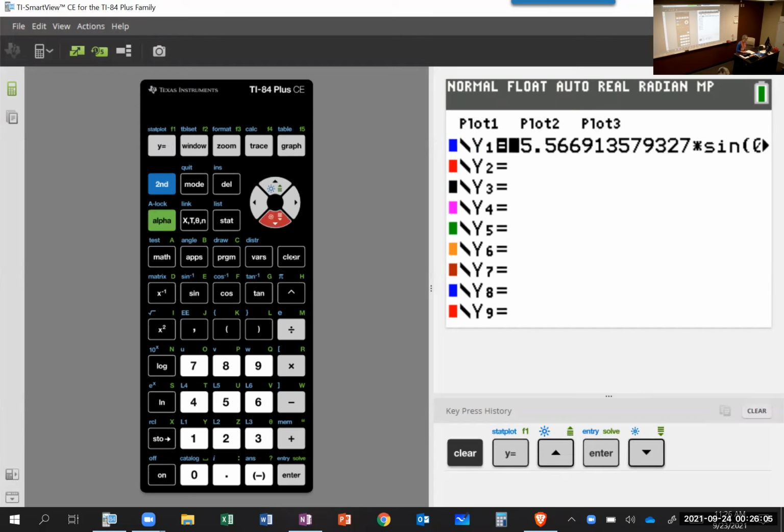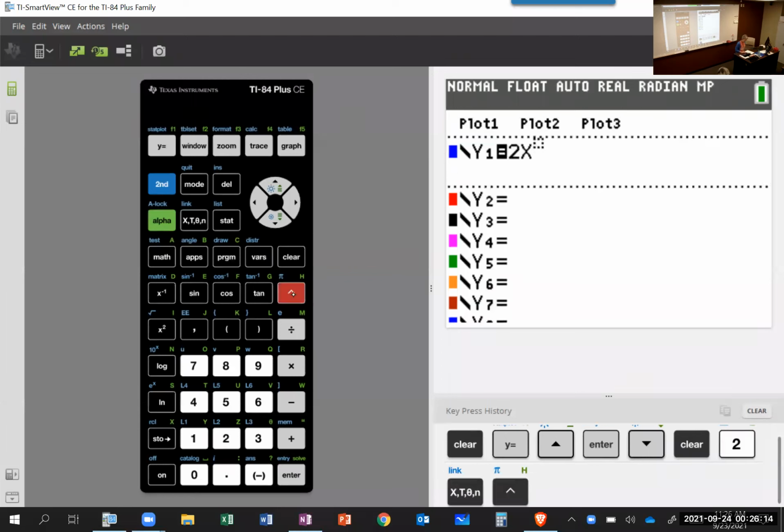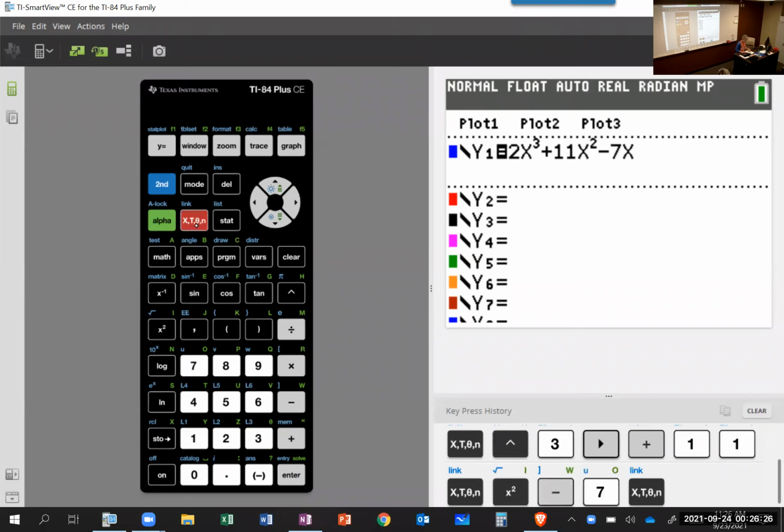I'm going to get rid of the function that was on the y1 to begin with, and add the function we were just looking at, which was 2x cubed plus 11x squared minus 7x minus 6.